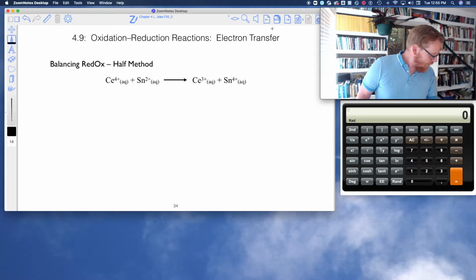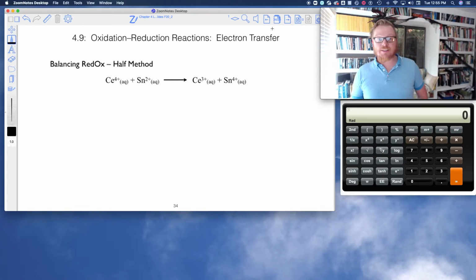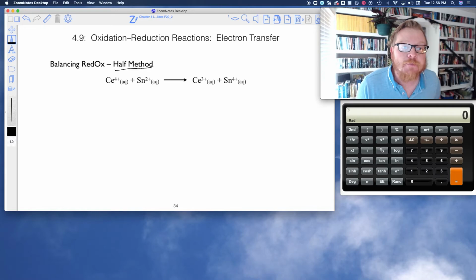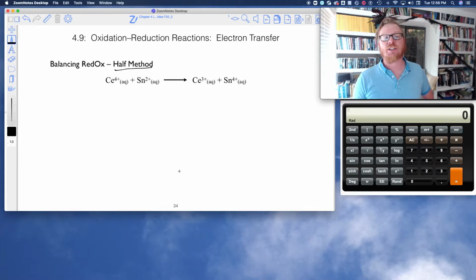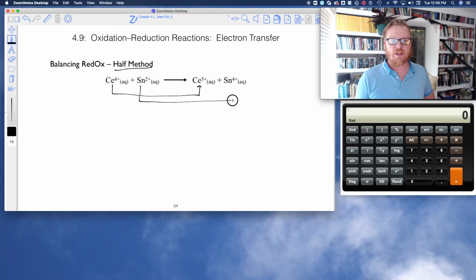So the first thing we want to do is, this is called the half-reaction method, and we're going to break this reaction down into two half reactions. Okay? And we break them down into the half reactions based on the atoms. All right? So this one is pretty easy. So I can see I've got a Ce4+ and a Ce3+ and a Sn2+ and a Sn4+.